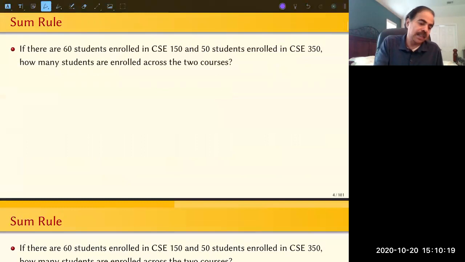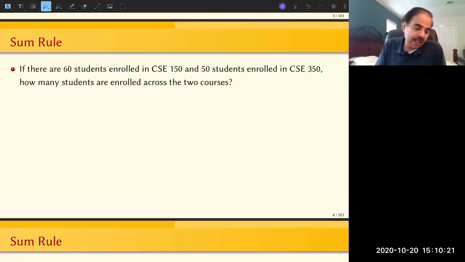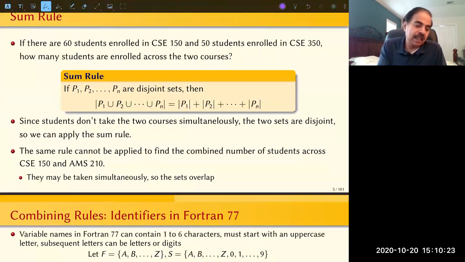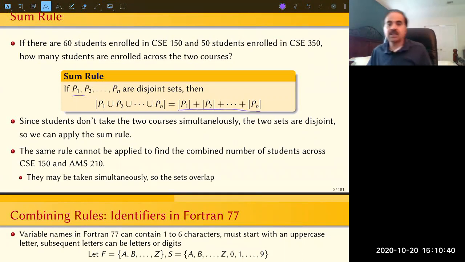Okay, and then you have the sum rule, which says that if you have a number of disjoint sets, then the total number of elements across those sets can be obtained by simply adding up the elements, right? Stated in this form, it of course sounds almost trivial.